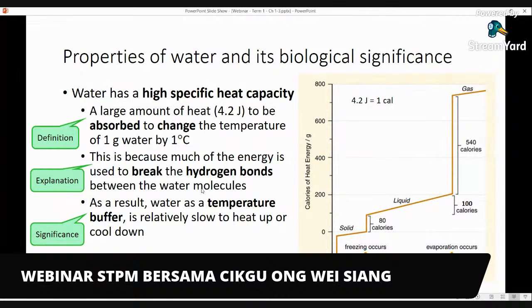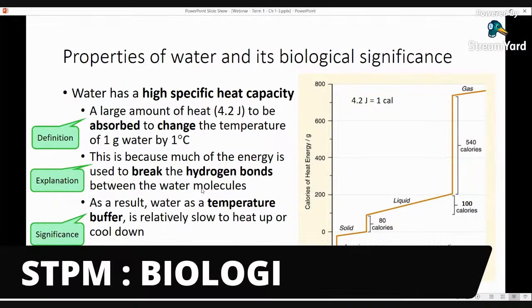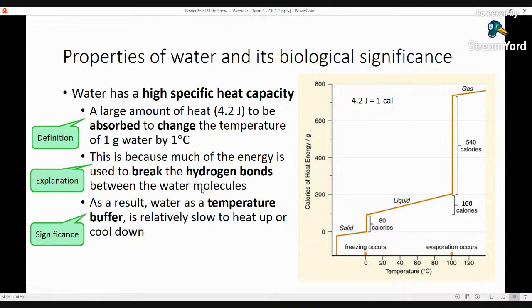Then the next property, which is quite important, is that water has a high specific heat capacity. So what is specific heat capacity? It is the amount of heat energy that is required to be absorbed to change the temperature of 1 gram of water by 1 degree Celsius.